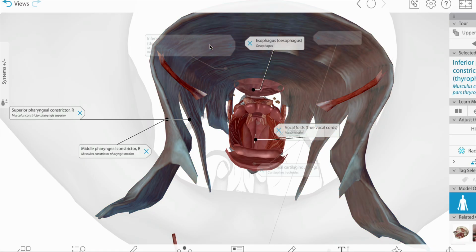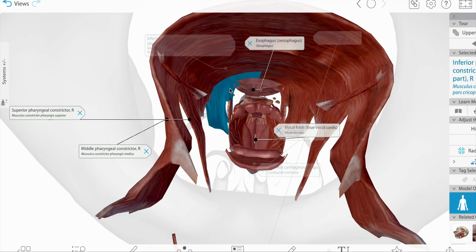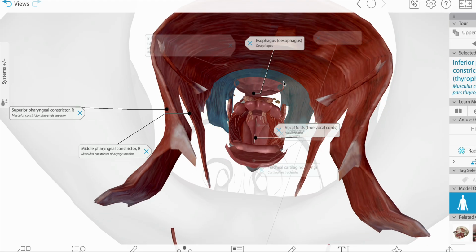But what they're talking about with the upper esophageal sphincter in particular is the last passage or the last blockage that can occur to block off your esophagus or to allow things to pass through. And that is your inferior pharyngeal constrictor here. That is really what they're talking about when they talk about the upper esophageal sphincter.